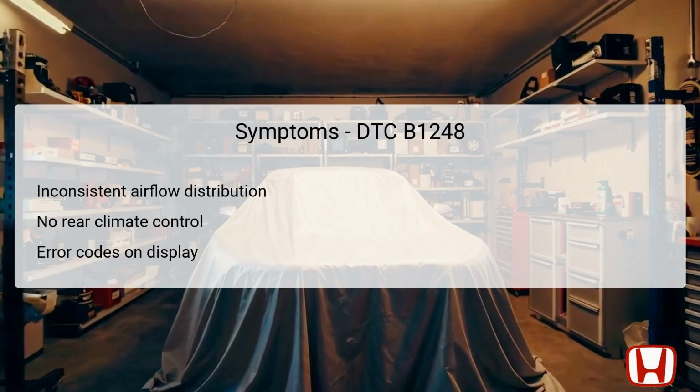Error codes will typically be displayed on the vehicle's dashboard or through the diagnostic system when the vehicle is self-diagnosed. Monitoring these symptoms can help in identifying issues related to climate control, ensuring timely repairs. Understanding these indicators allows technicians to diagnose effectively and inform owners of necessary interventions.